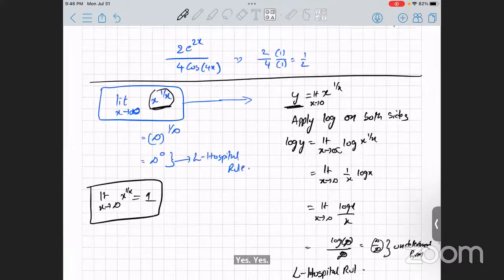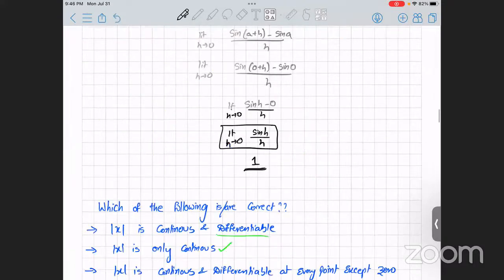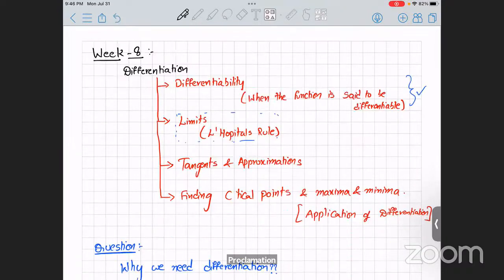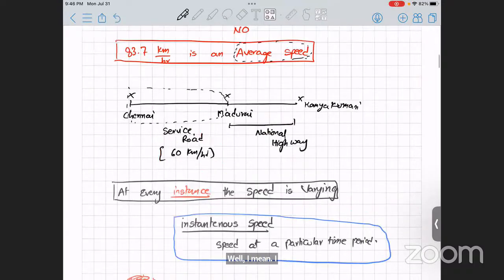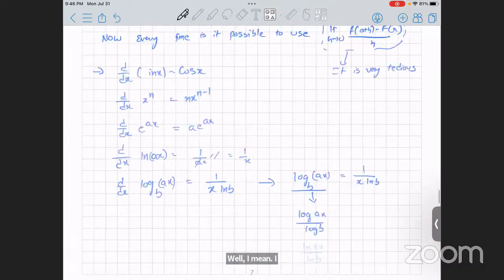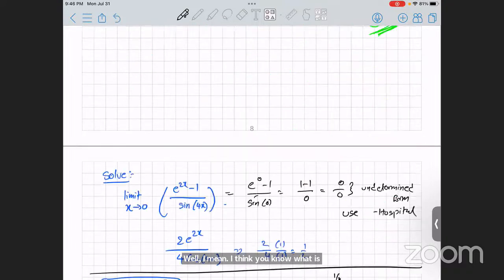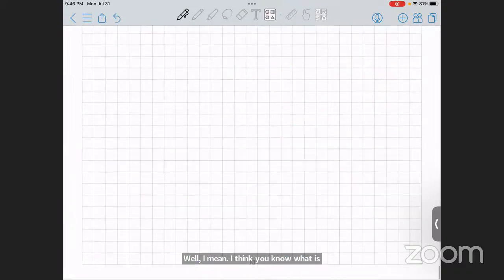Okay, now we'll move on to the next topic. What is the next topic? Tangents and approximation. I think you know what a tangent is. What is a tangent?